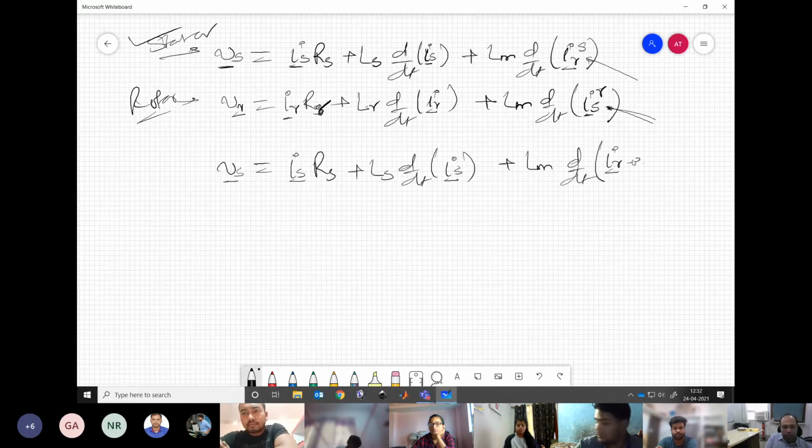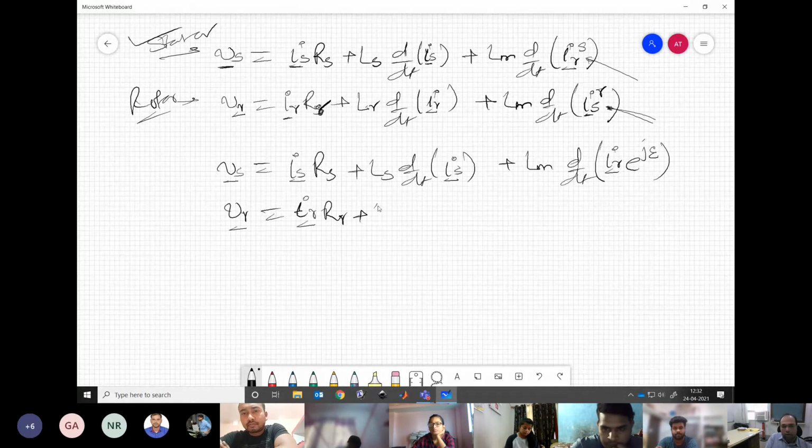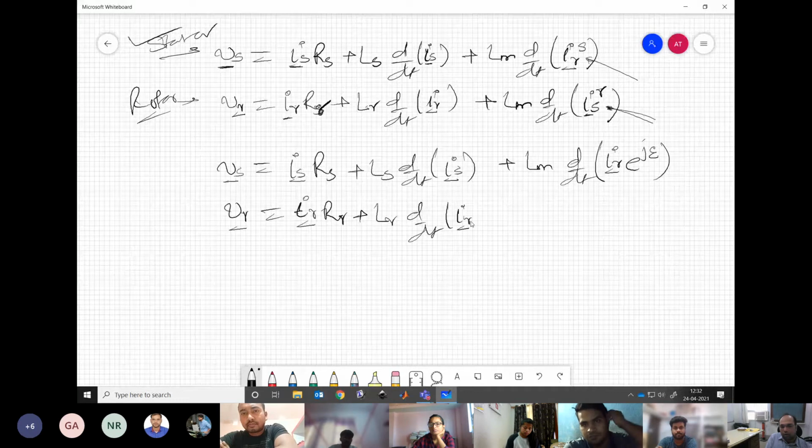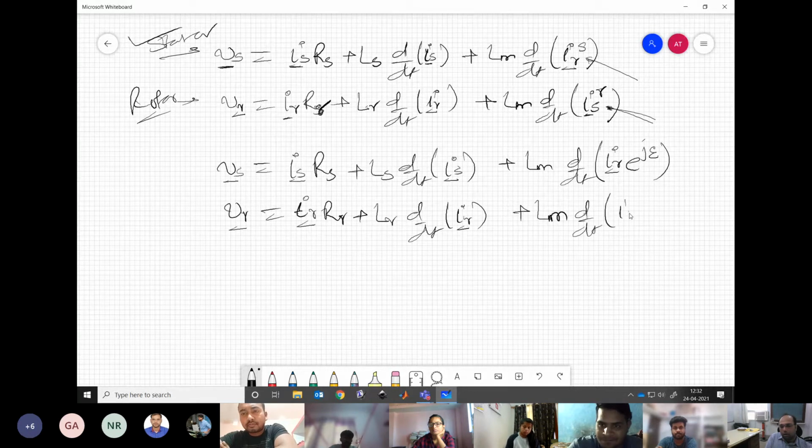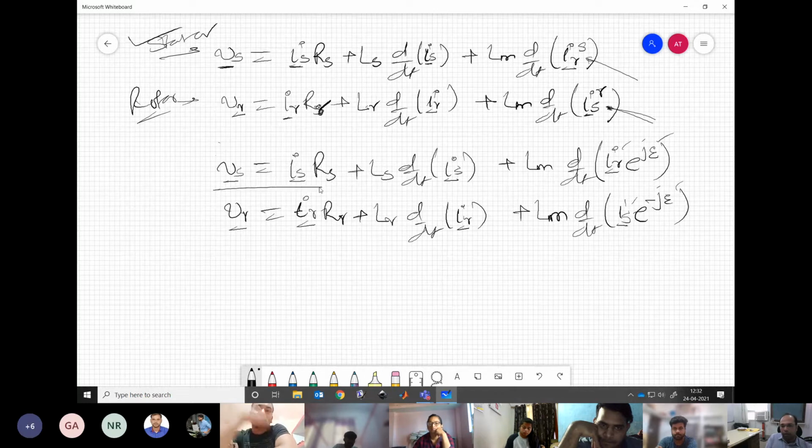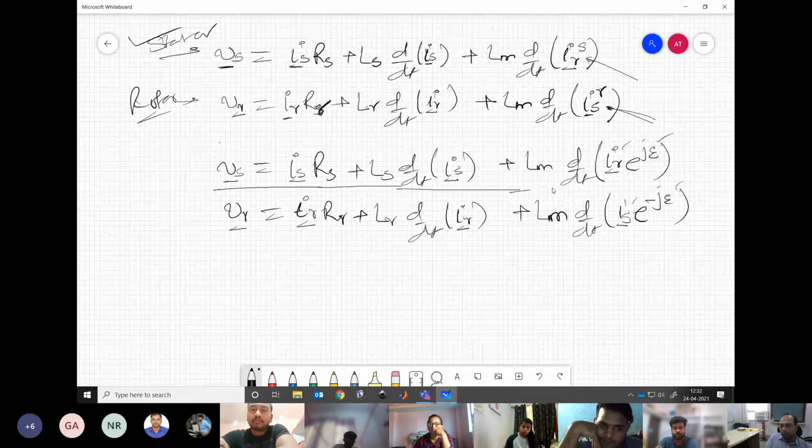And similarly, when you have Vr, Is e raised to the power minus j epsilon. That's all. Isn't it? Epsilon is known, Ir is known, Is is known, epsilon is known. So your quantities in these equations are now very well known, very well defined.